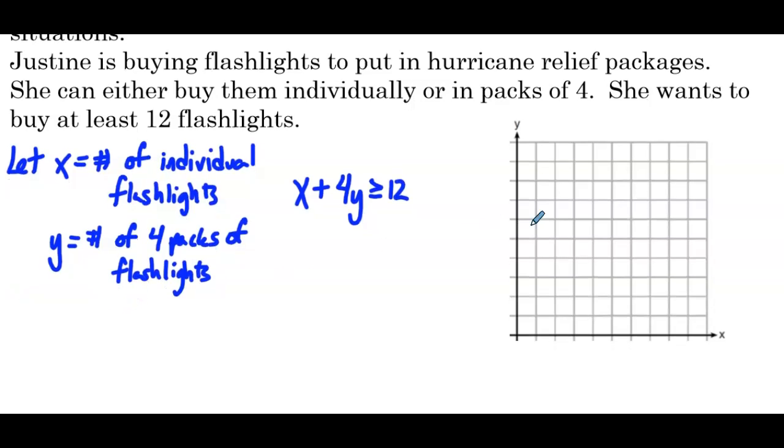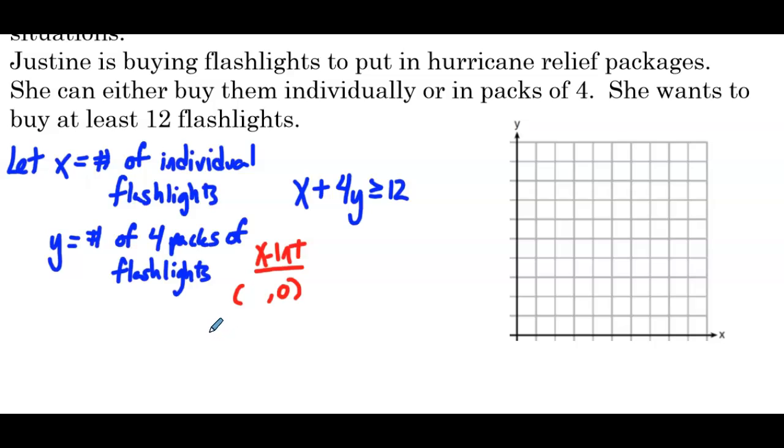So we define our variables, we set up our inequality. Now we need to figure out how to scale our axes so that we get a nice graph. So let's find the x and the y-intercept of this inequality. The x-intercept is the point where y is 0. I'm going to turn it into an equation and find the intercepts of the line that would be part of this solution set.